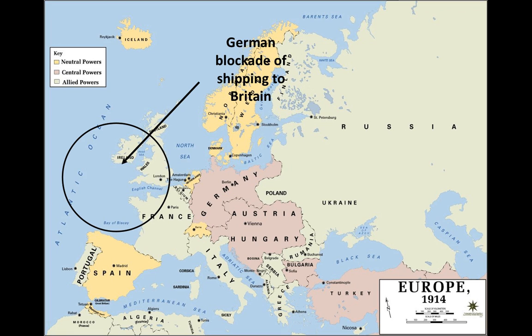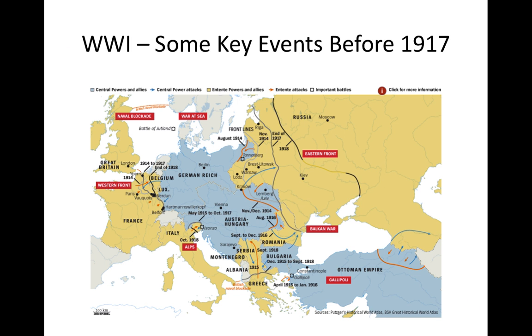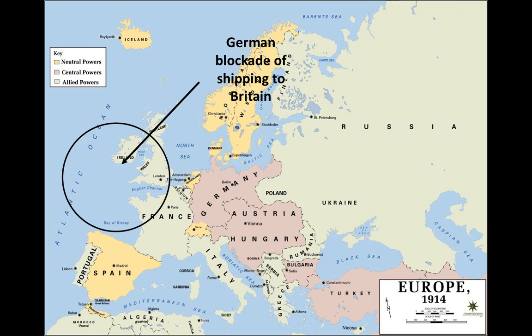Germany, for its part, did the same thing, patrolling the Atlantic Ocean to try and prevent trade with Britain. As a result, of course, the United States got caught in the middle. The United States wanted to remain neutral and trade with both countries. Germany and Britain made it hard to do that.